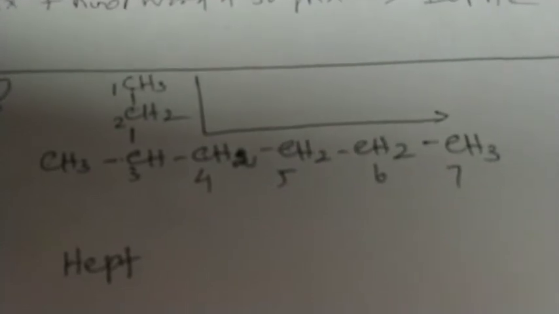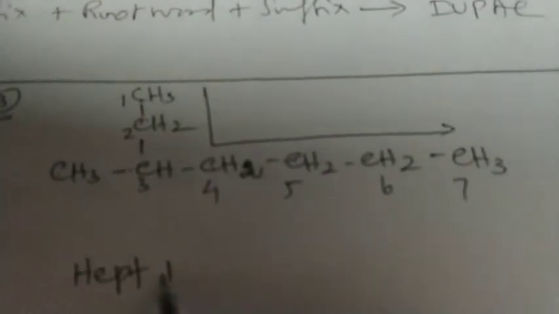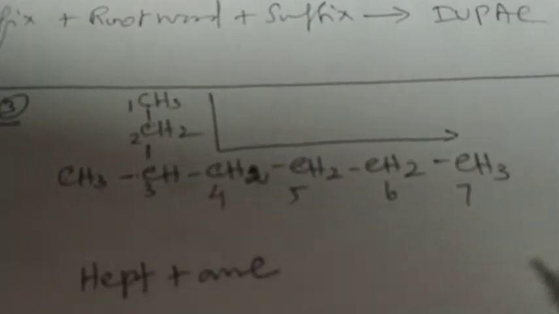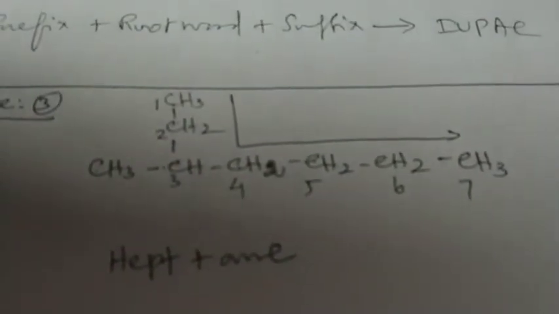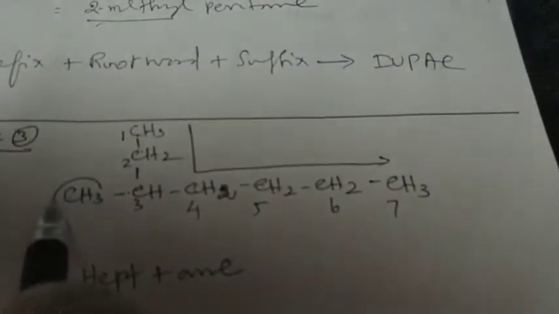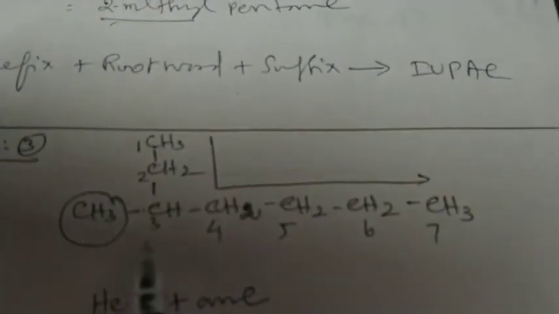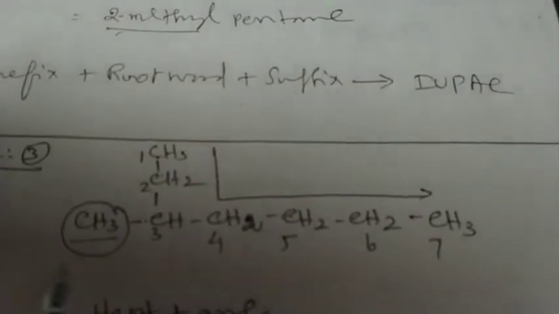And we see only single carbon bonds, so the suffix is going to be ANE. There is no double bond or triple bond. And one more substituent is attached to the third carbon. What is the name of this substituent?